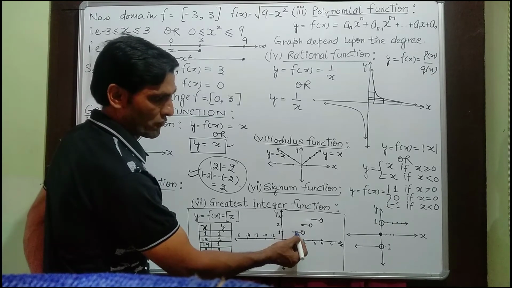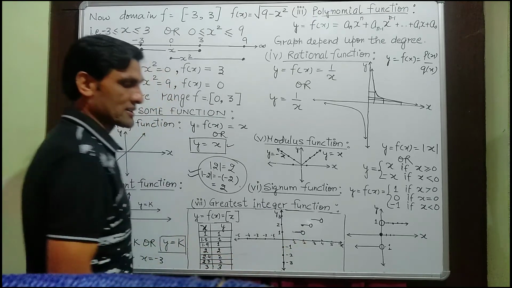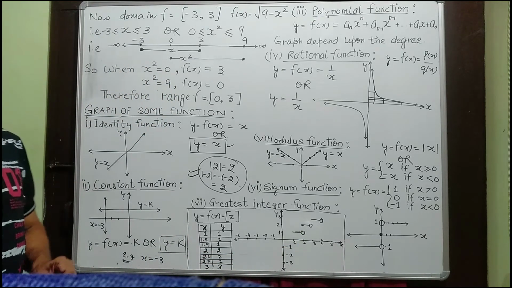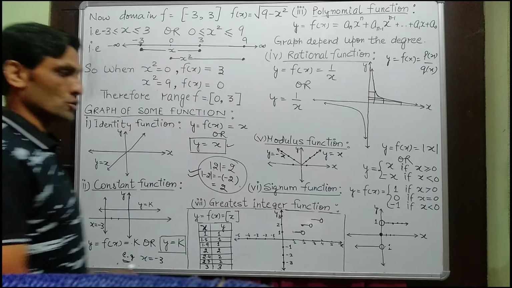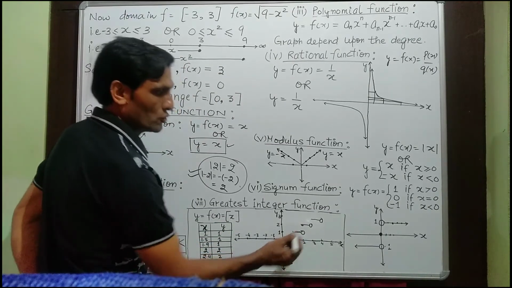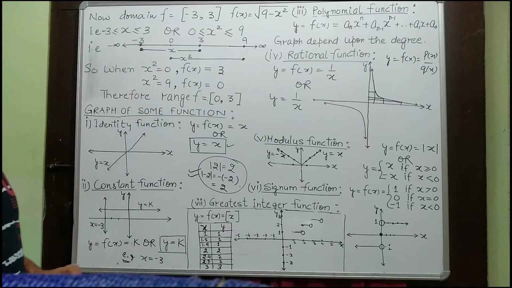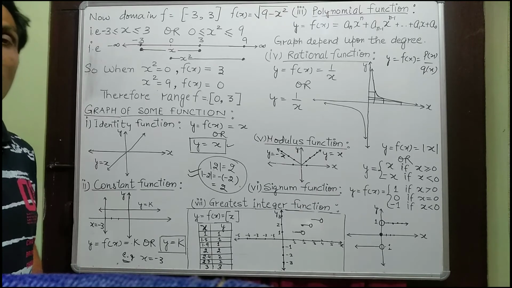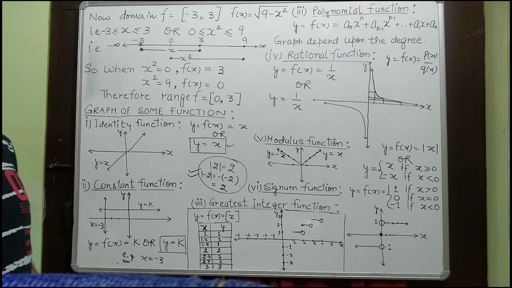So the graph will move like this. But as the value of x becomes 2, the value of y jumps to 2. So x equal to 2, then y is equal to 2. If you take the value of x as 1.99, then the value of y is again 1.